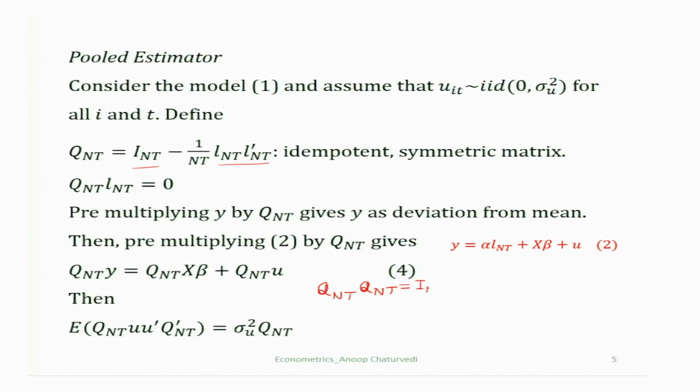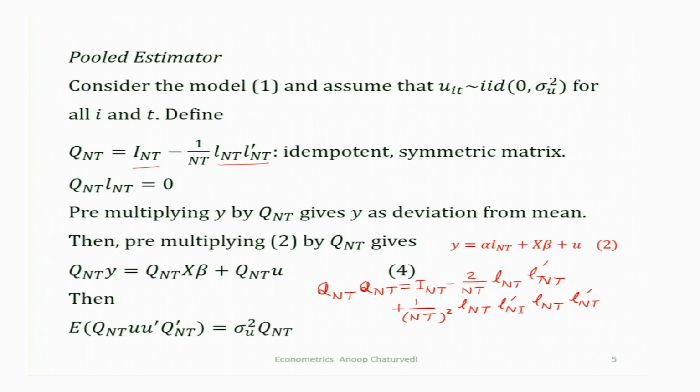You get I_nt minus 2 upon nt l_nt l_nt transpose plus 1 upon nt whole square l_nt l_nt transpose l_nt l_nt transpose.